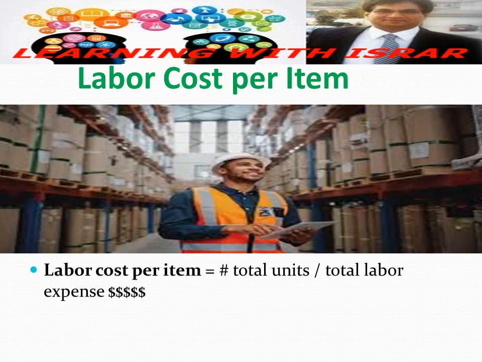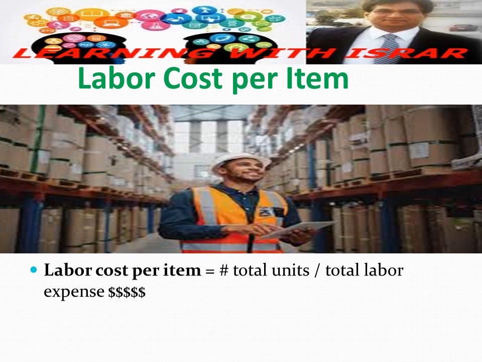Okay, the next one is the labor cost per item, and it is very important for our costing purposes as well, and also for seeing the labor efficiency or the inventory or material management of a company. Labor cost per item, also known as the unit labor cost, is how much a company spends to produce one unit or to keep one unit in the business.